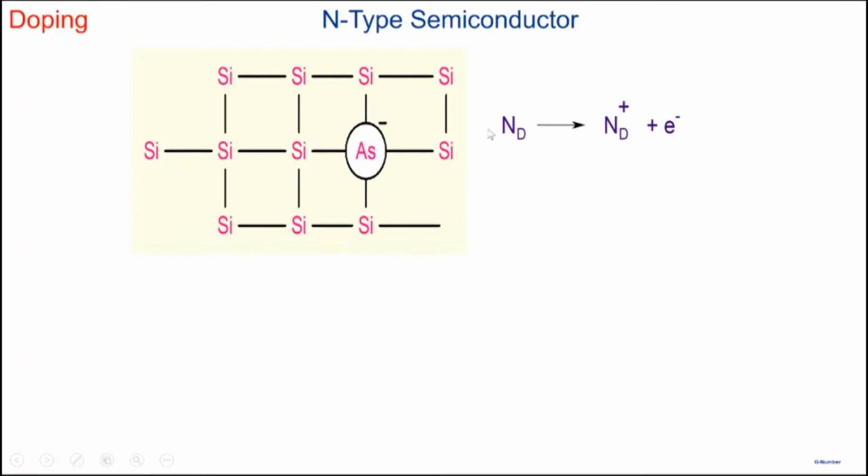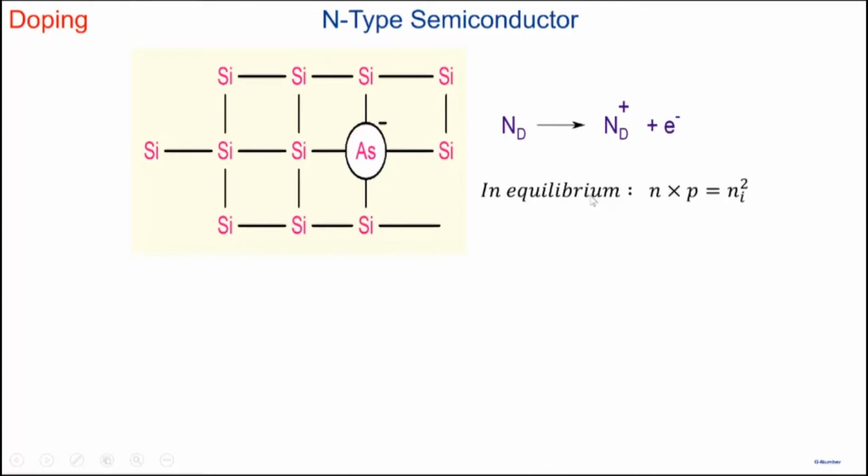So these arsenic atoms get ionized, positively charged, and they donate the electron, and this electron goes to the conduction band. And so the number of electrons in the system is practically equal to the number of donors.